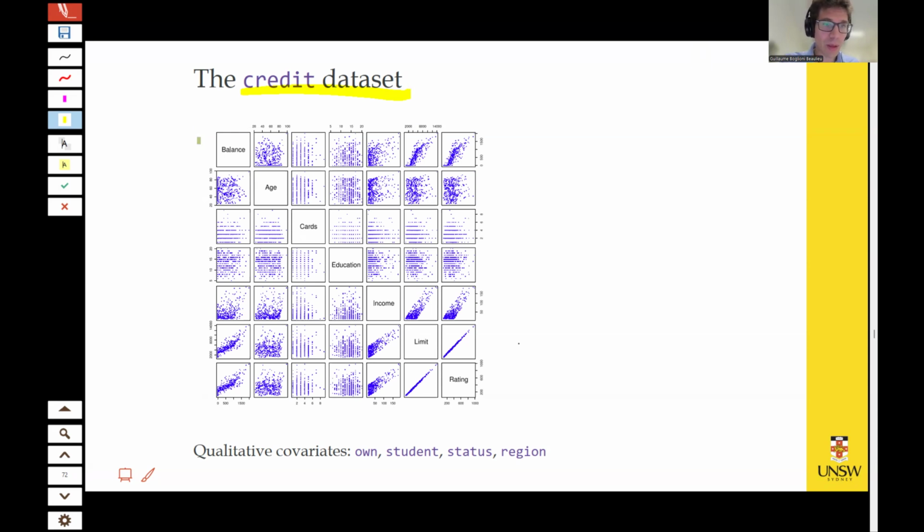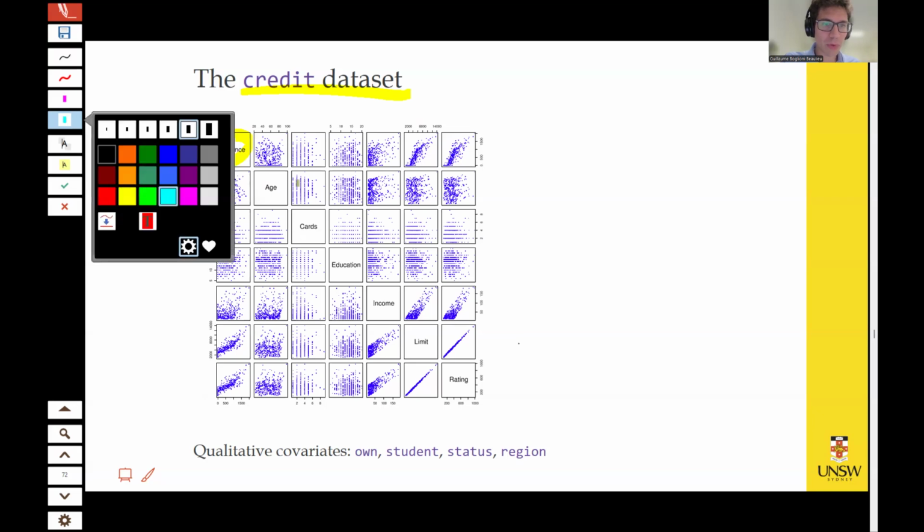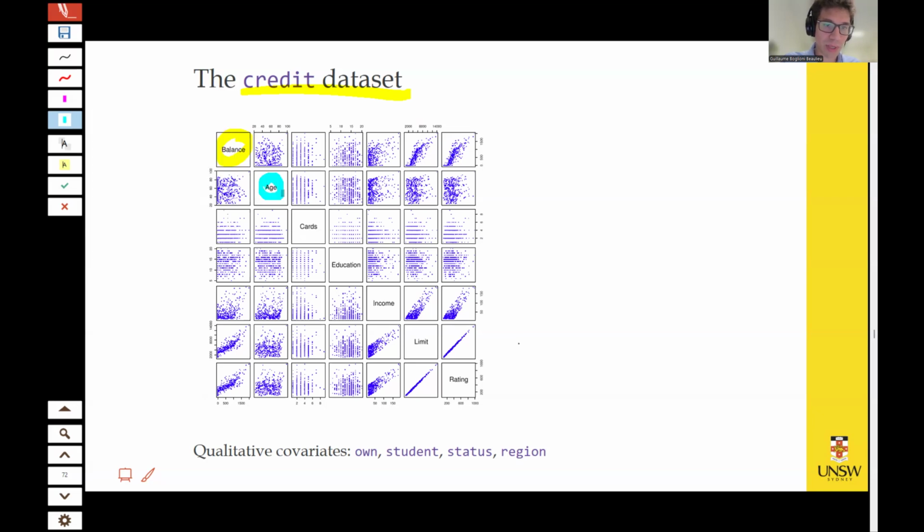So for example, the response variable is the balance of a customer, the credit card balance. And you can see, if you look at balance against all the other variables, which would be here called predictor variables: age, cards, which would be, I think, the number of credit cards, education, not too sure how this is measured, probably the years of education, income, limit on the credit card, and the credit card rating.